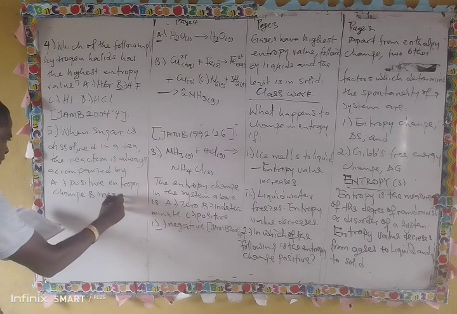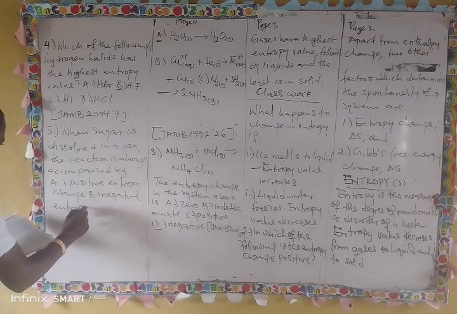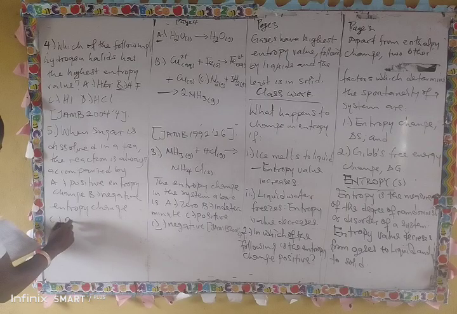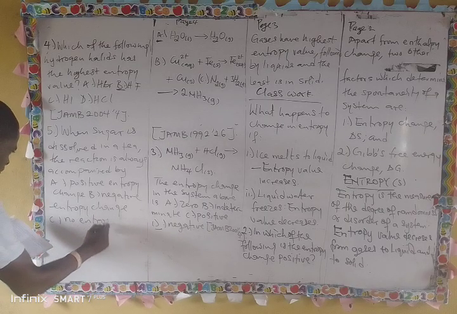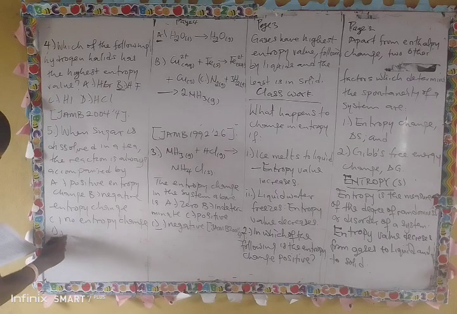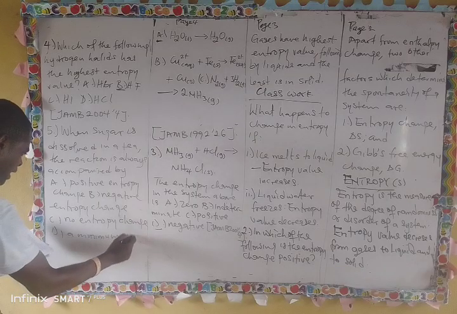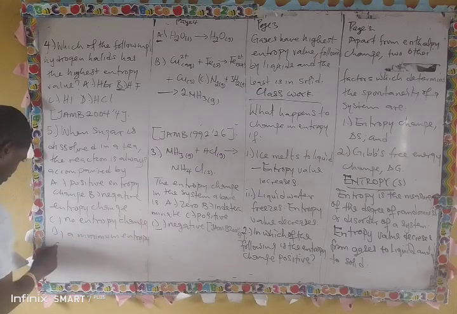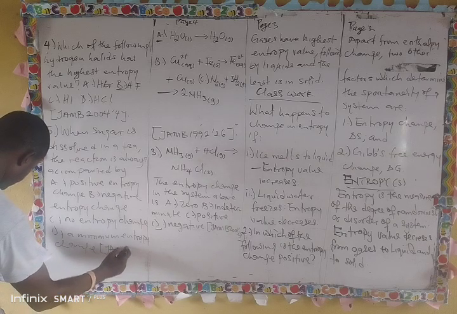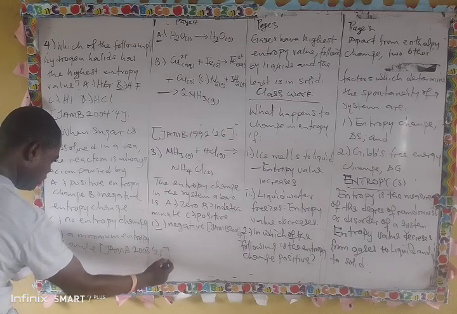B. Negative entropy change. C. No entropy change. D. A minimum entropy change. This is JAM 2003 question 21. What is the answer here?